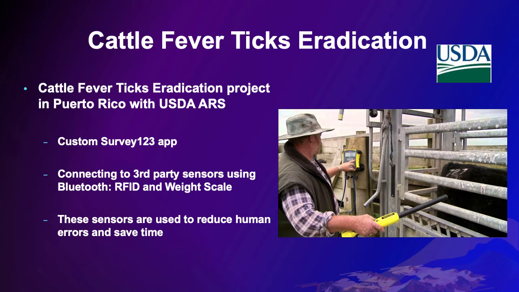And really this is about bringing in the information quickly into a survey and accessing these sensors and reducing human error and saving time. So a really powerful way of how you can take an application like Survey 123 and then add some custom functionality to maybe access specific sensors and pull in data from other locations.